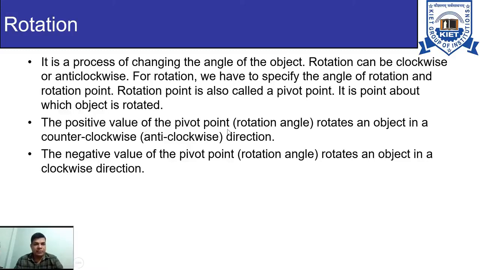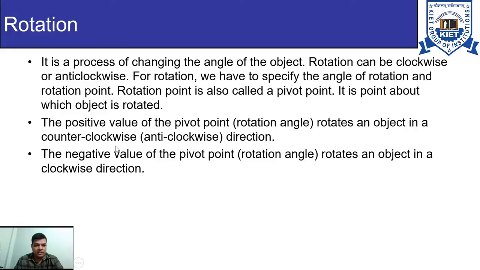The positive value of the pivot point rotation angle rotates an object in a counterclockwise, that is anti-clockwise, direction. The negative value of the pivot point rotation angle rotates an object in a clockwise direction. So rotation means changing the orientation of an object along a circular path, and for that we have to give an angle, called the rotation angle.